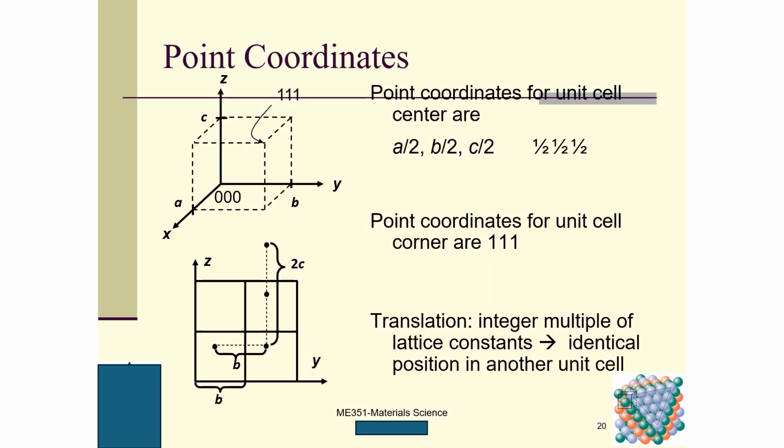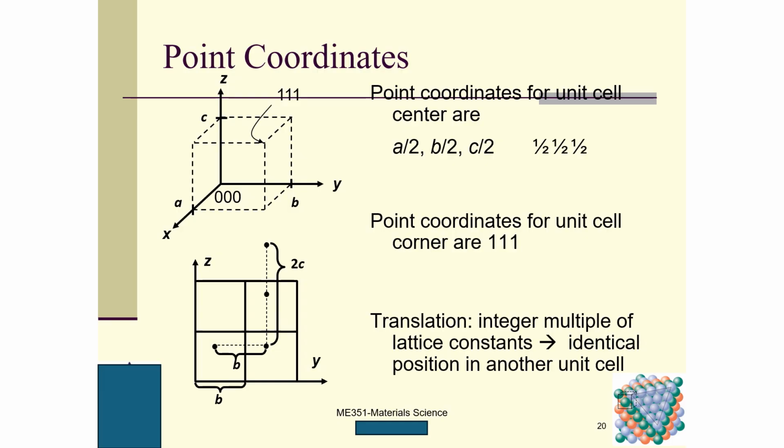And then we talk about the point coordinates. The point coordinates for unit cell centers are half A, half B, and half C. For example, this is the cube, the unit cell.